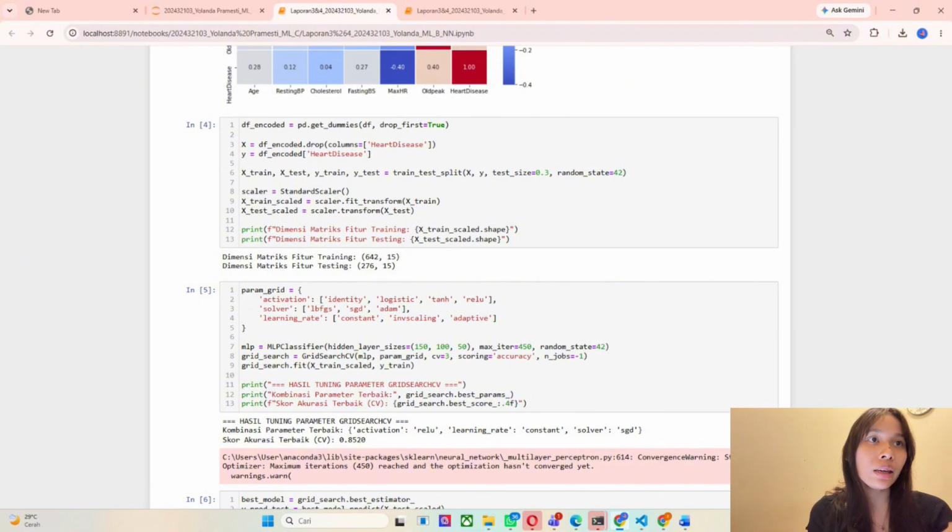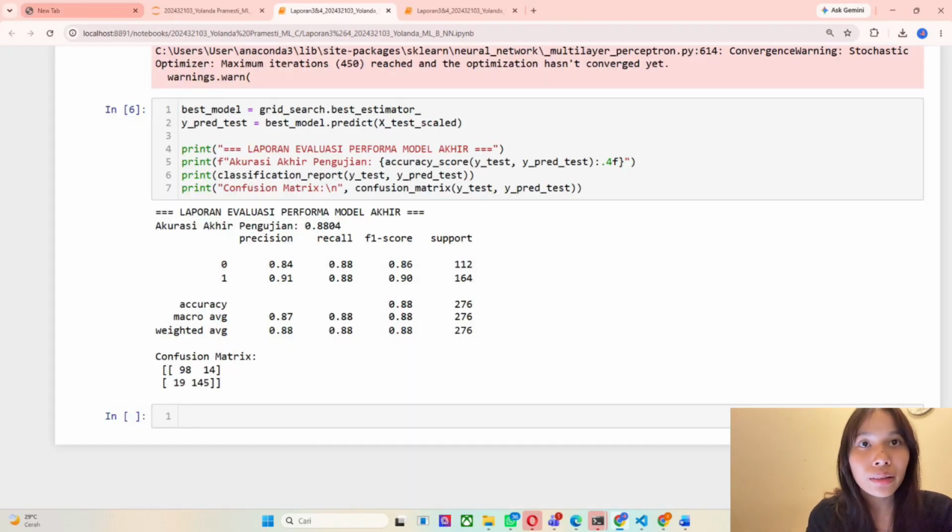I manually set the hidden layer sizes to 115, 115, and max_iter is 415. This progressive step-down structure acts as an information funnel, forcing the network to compress redundant features and learn deep abstract correlations while preventing overfitting.